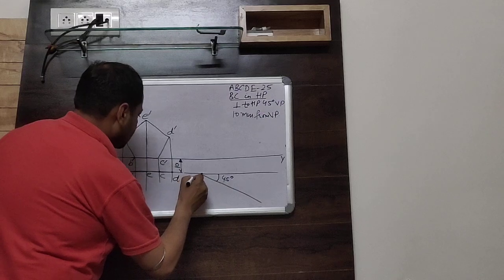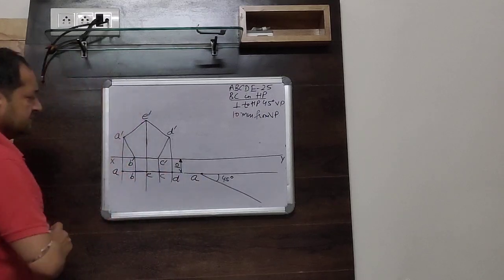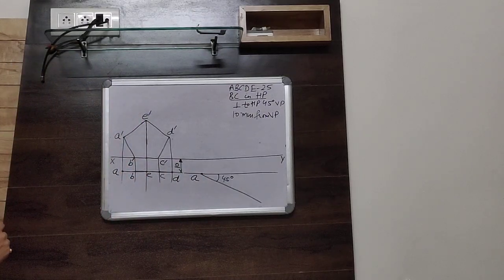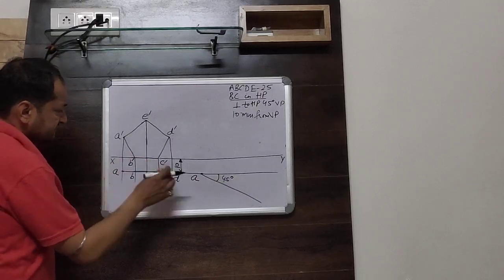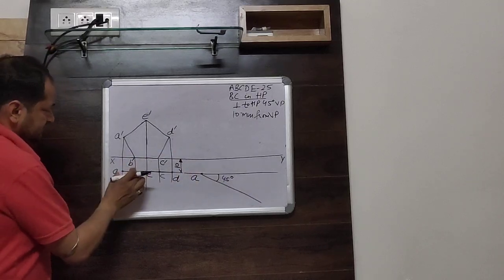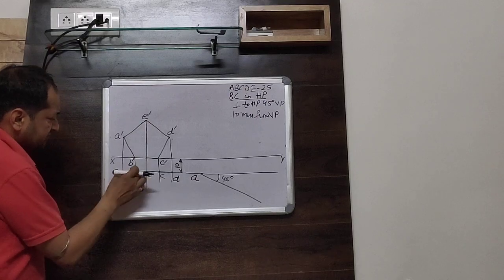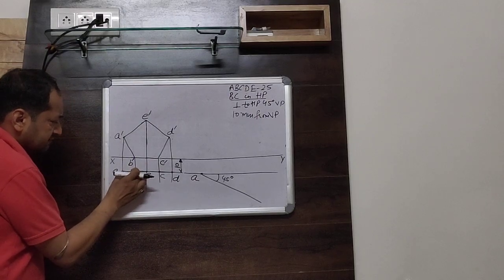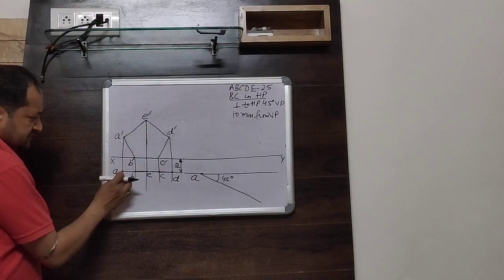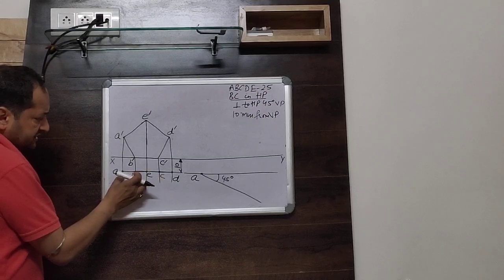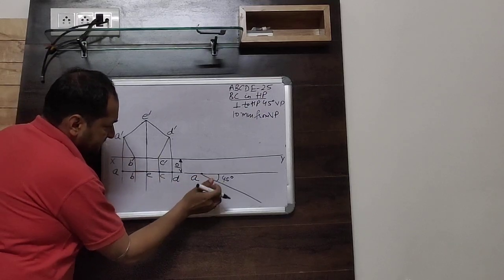Take this point as A. Next, with the help of a compass, open it equal to AB and transfer this distance.